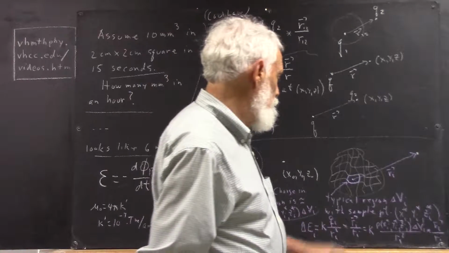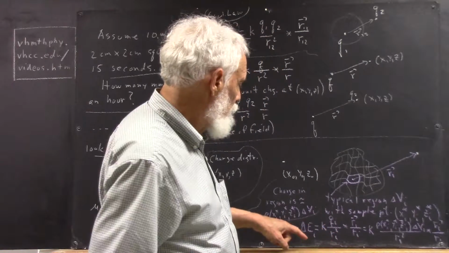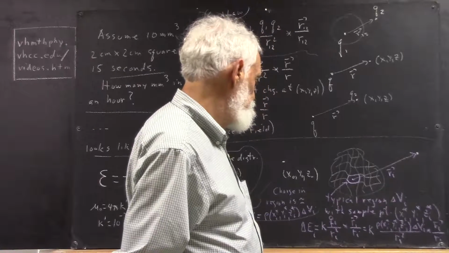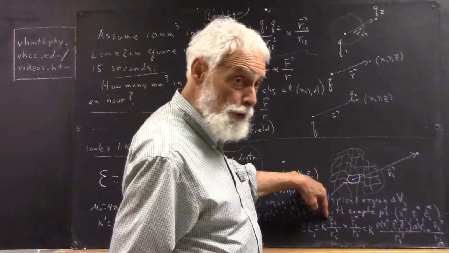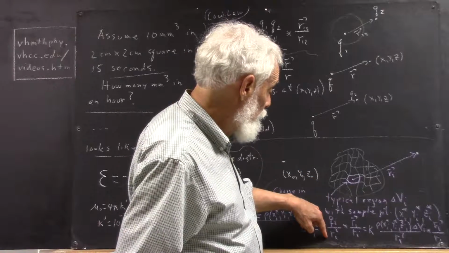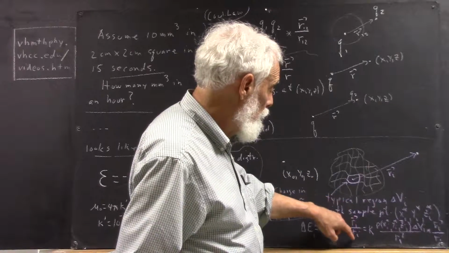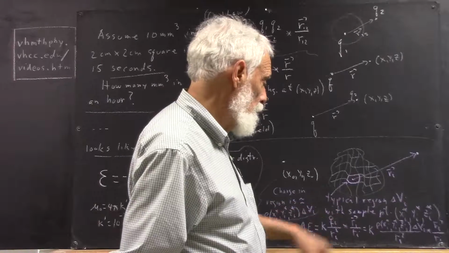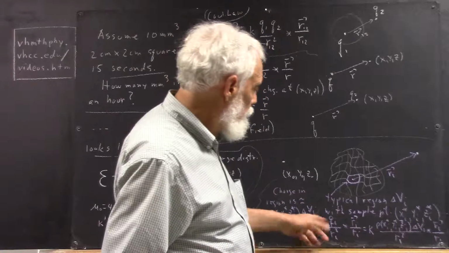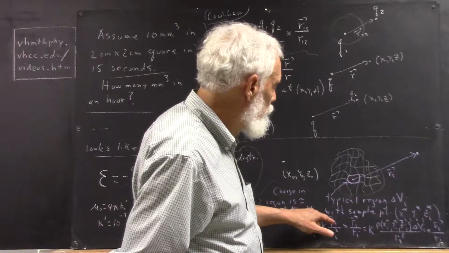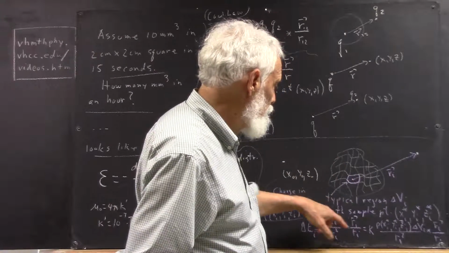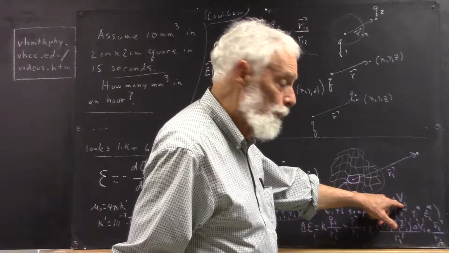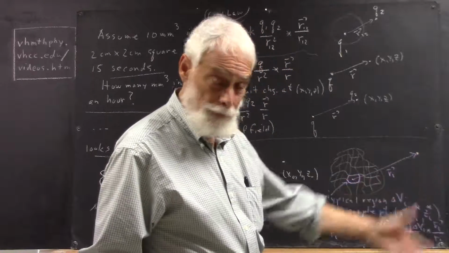And of course then the electric field is going to be K times the charge enclosed divided by R squared, multiplied by the vector R over the magnitude of R, where I use the subscript I, Q sub I, R sub I, vector R sub I, because this is a region delta V sub I. It's the ith region.